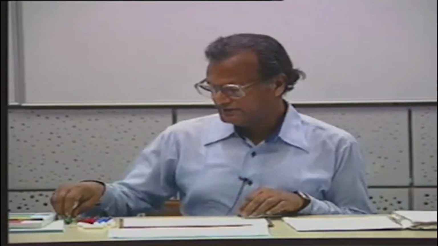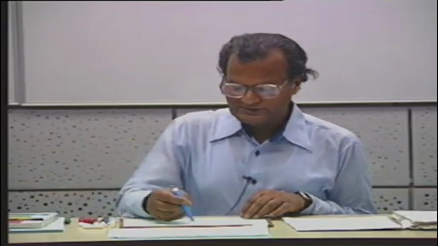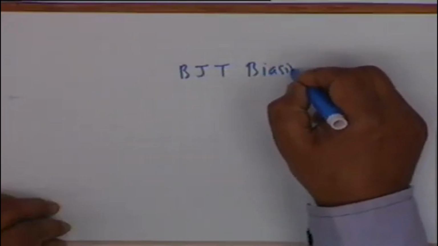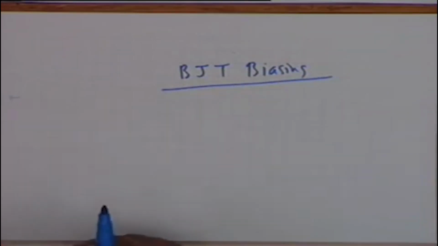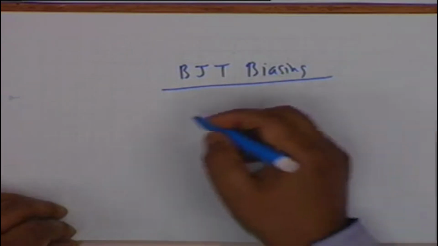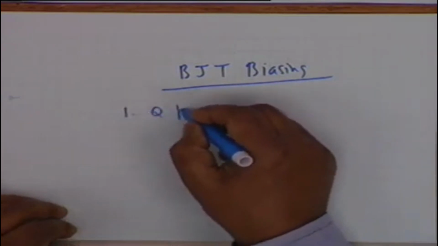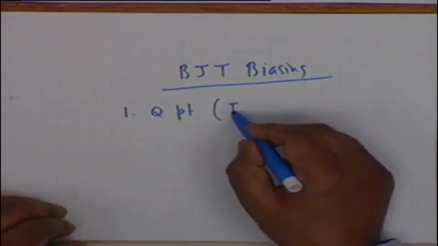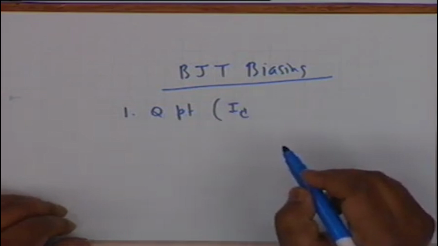We can now summarize the methods, the procedure for BJT biasing. What are the steps? The first thing to do is to choose a Q point. How to choose a Q point we shall illustrate later, but first choose a Q point. What does this mean? It means choosing an I sub C, the collector current.